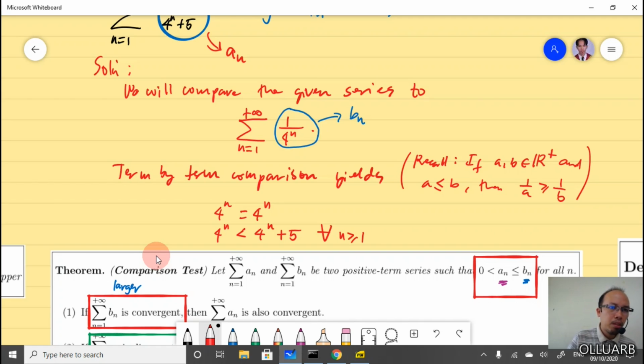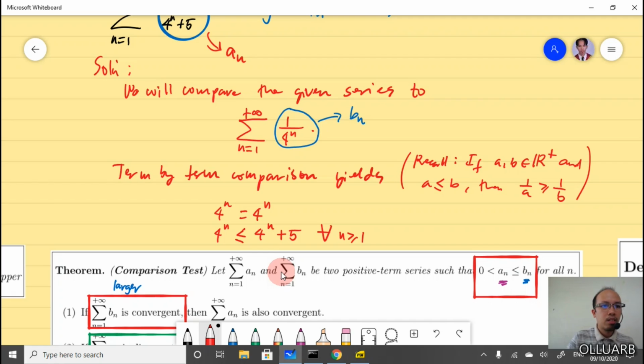But to make it safe, let's use equal. It doesn't matter. So from here, this is our a, and this is our b.